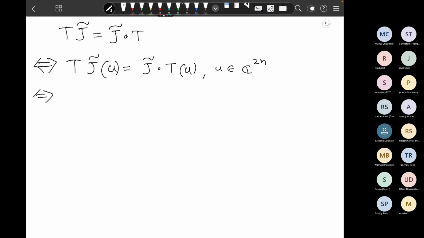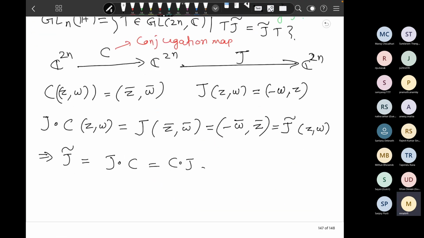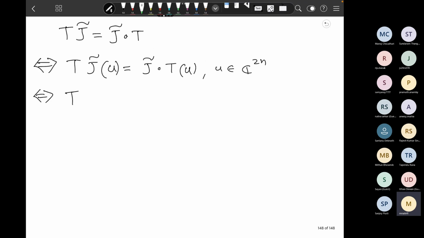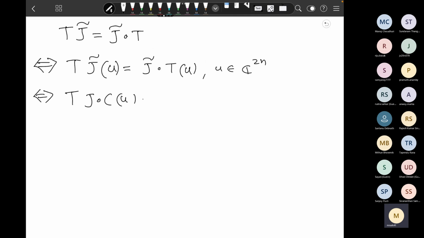So then I will replace J tilde by J composition C: T J C u equals J C T u.